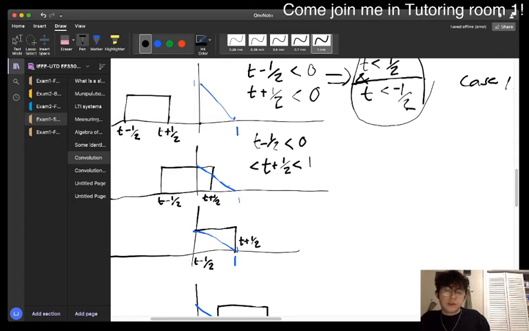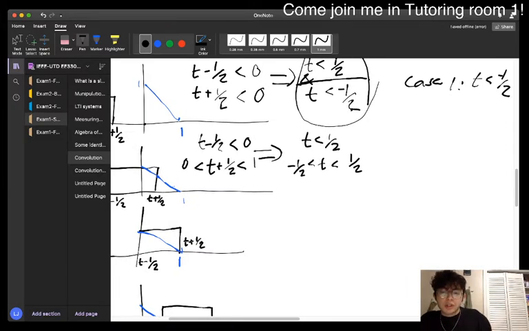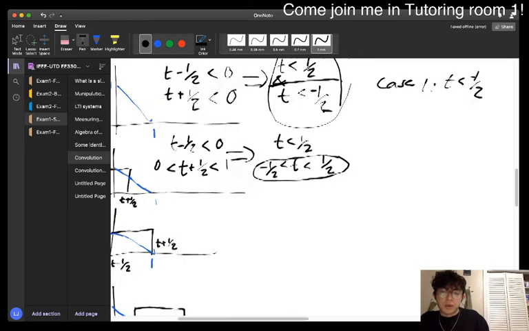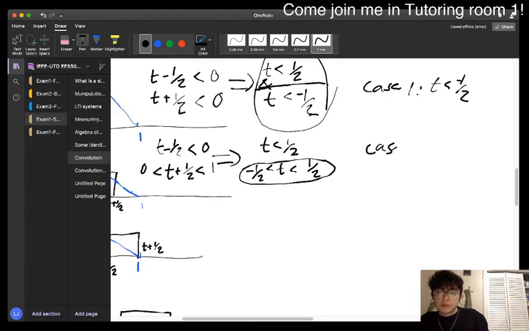So solving out, this gives us t is less than 1/2, and this gives us t is greater than minus 1/2. So again, we take the intersection. So notice that this region is smaller than this one, just because it has that lower bound. So we have case 2: t is less than 1/2, and greater than minus 1/2.